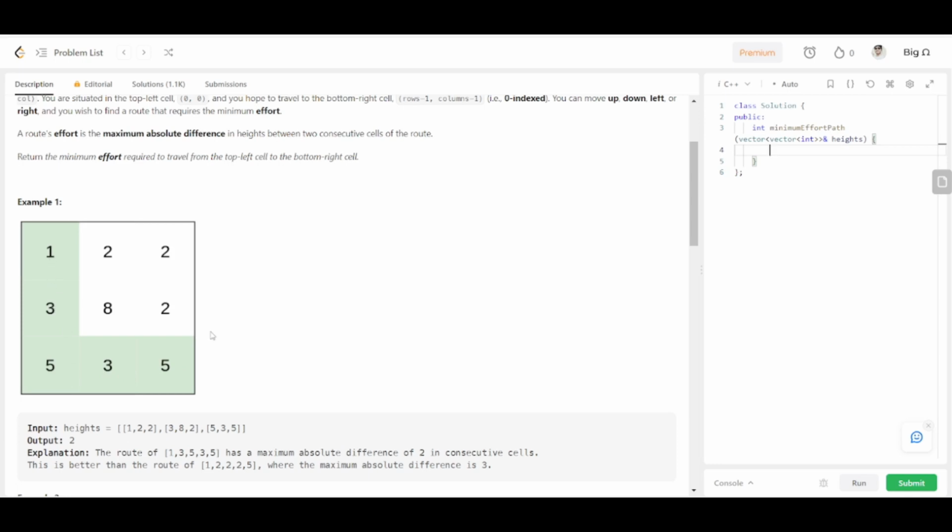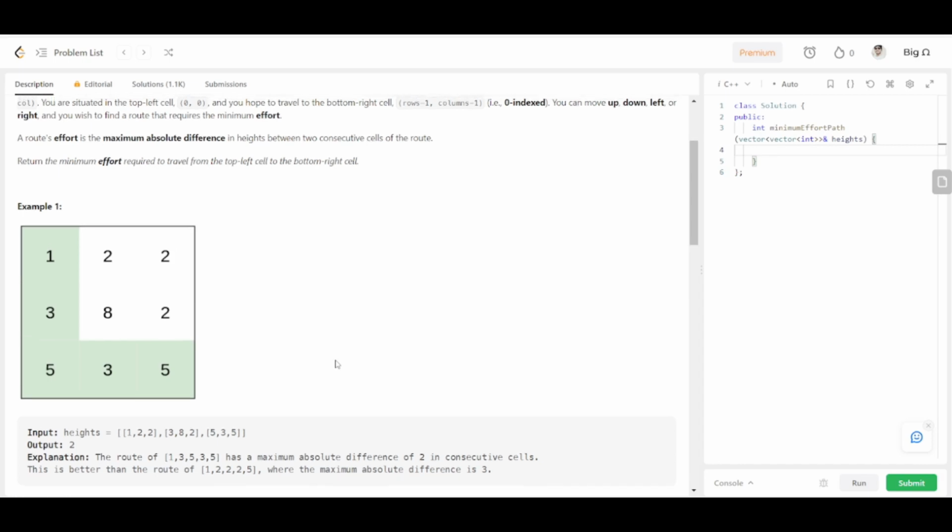So 2 is the maximum absolute difference and it is the effort of this route, and that is also the answer for this particular test case. Now this is what you have to find out. We have to find the minimum effort required to travel from the top left cell to the bottom right cell.